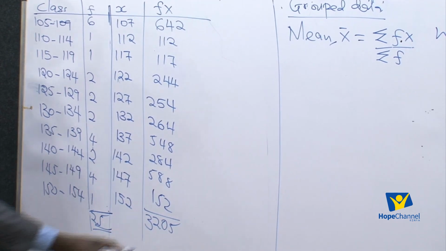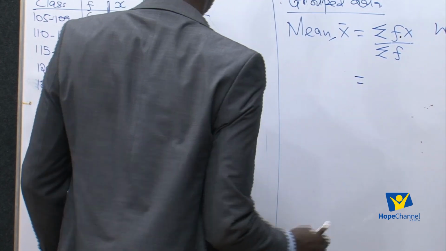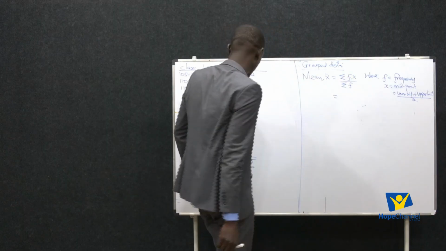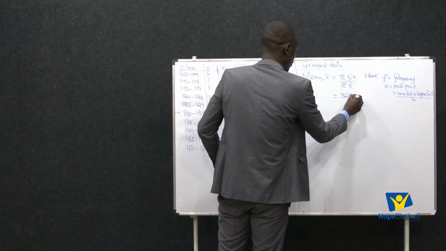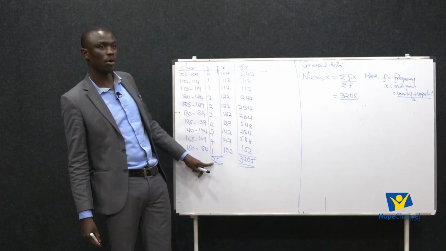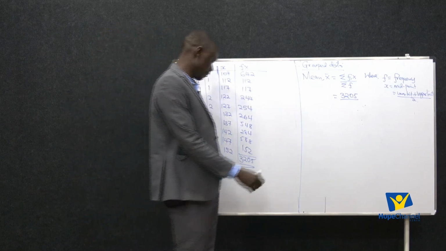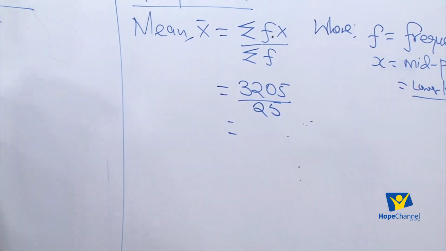Good. We have the total of f, and we have the total of fx. So we can now find the mean. We said the mean is the summation of fx, which in this case is 3205, divided by the sum of f, which in this case is 25. That is going to give us the mean.